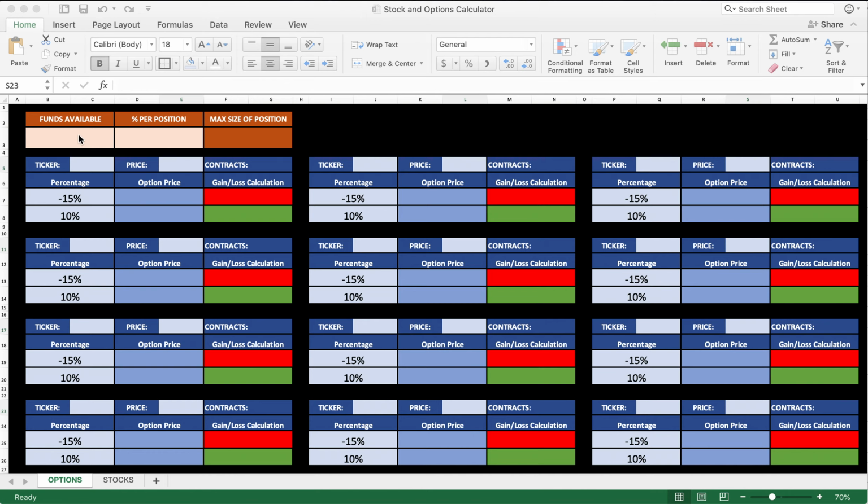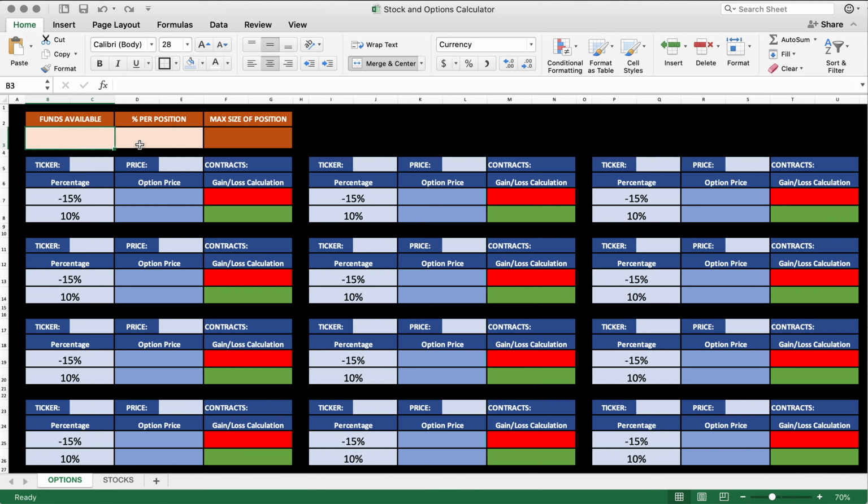So all of the light cells are cells that have to have fields entered. You don't have to have the ticker, but most of all the other ones you have to. Let's just go ahead and start and go through the whole thing, so it's easier for me and I'm not over explaining a bunch of stuff that I have to re-explain anyway.